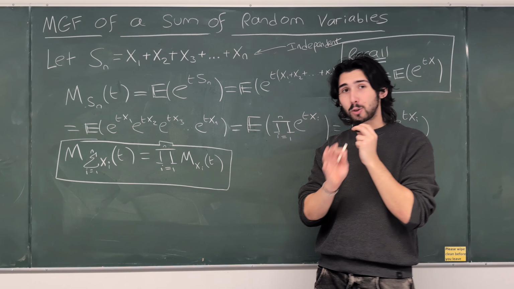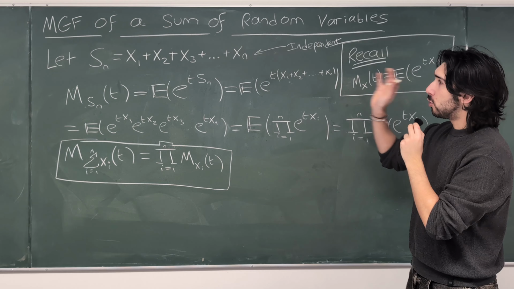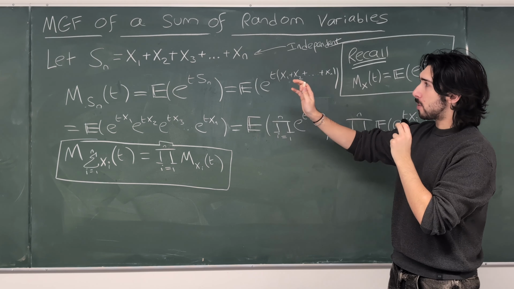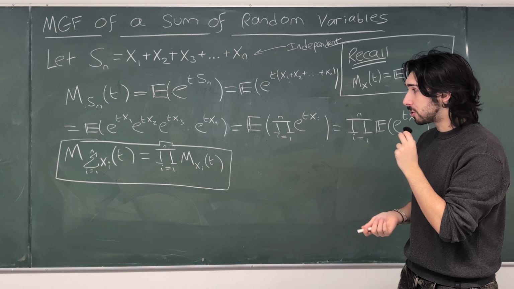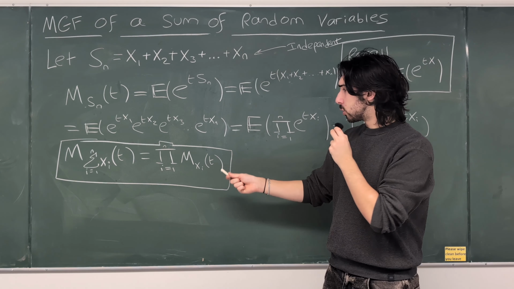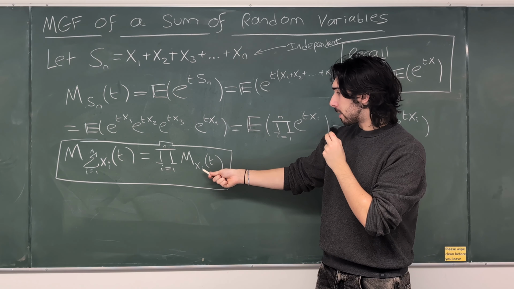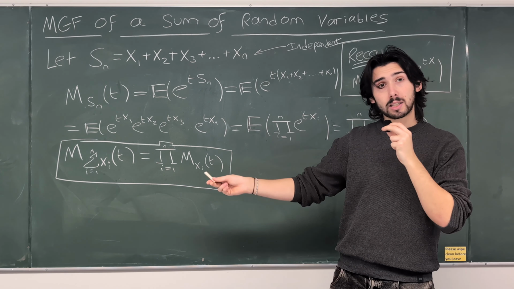Now there's something even cooler that we can do in a more specific case. If not only are x1, x2, x3 all independent, but they all have the same distribution, then the moment generating functions are all the exact same thing. So we're just multiplying the moment generating function by itself over and over again. So we can slightly simplify.